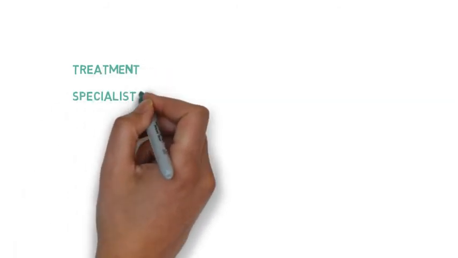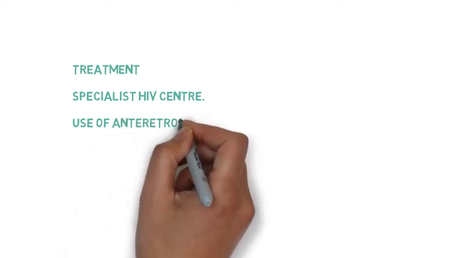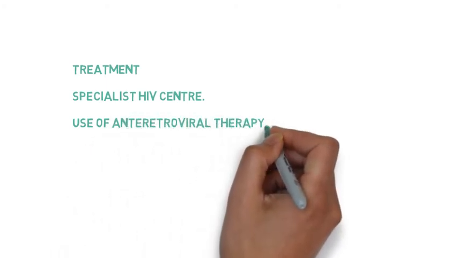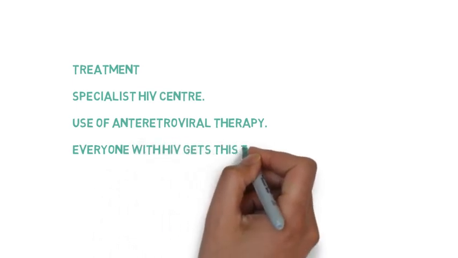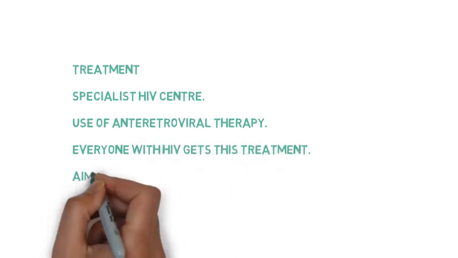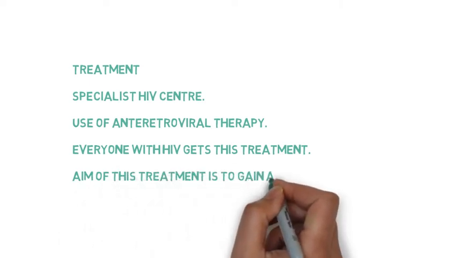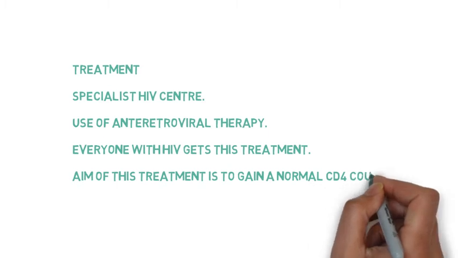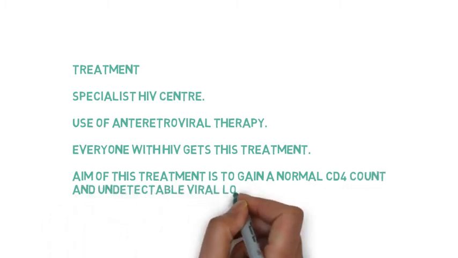So what is the treatment of HIV? Well, it should be started in a specialist HIV center, and everyone who has HIV should get access to antiretroviral therapy. The aim of this treatment is for patients to have a normal CD4 count and undetectable viral load.